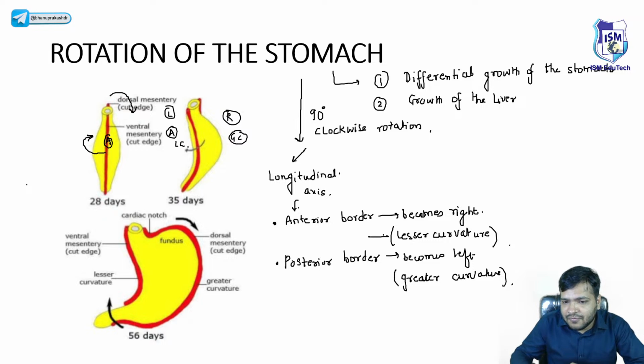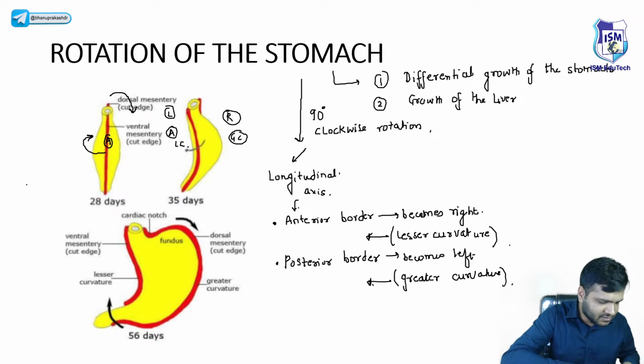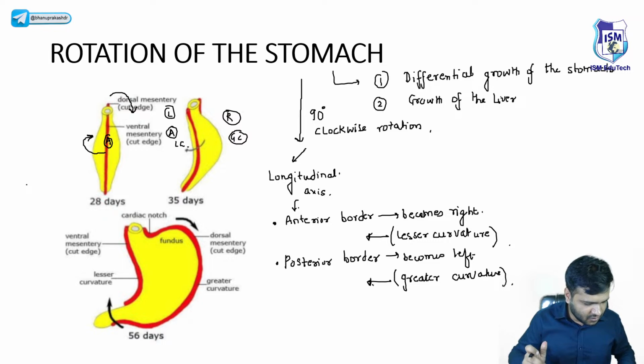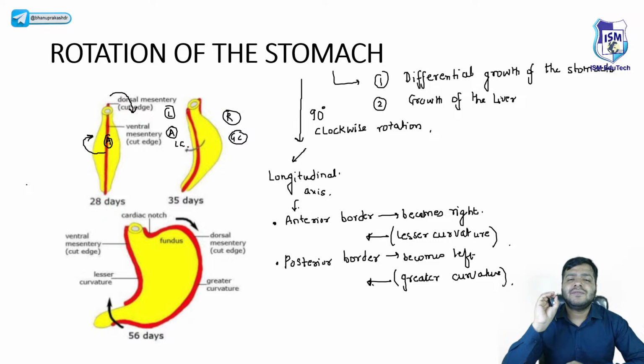Now you guys will tell me. Lesser curvature, which nerve will supply, and the greater curvature, which nerve will supply. So I'm waiting for your answers in the chat box, guys. You will tell me which nerve supplies what. Initially we have the left vagus nerve and the right vagus nerve. So the right vagus nerve is on the right side.